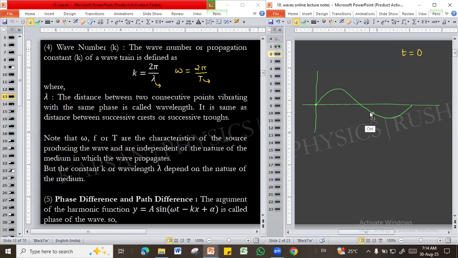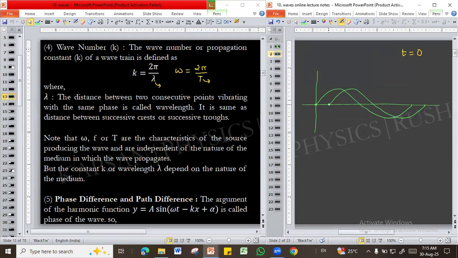Now, after some time, the photograph will look like this. You will have a feeling that the wave has traveled forward, but actually wave has not traveled forward.